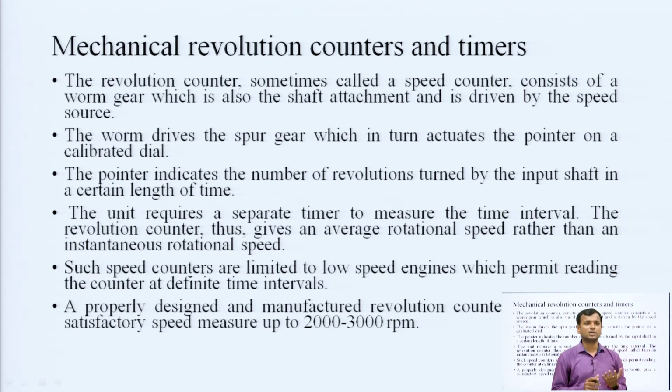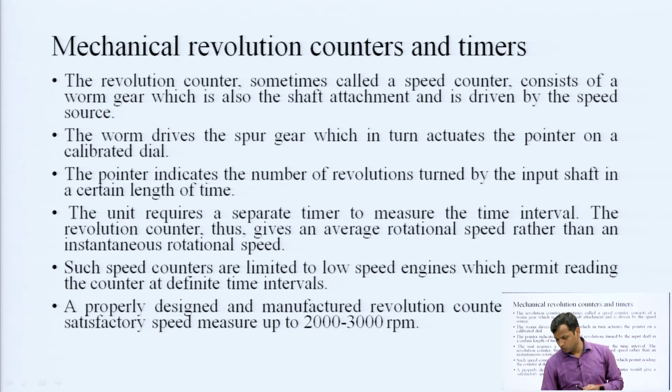Such speed counters are limited to low speed engines, which permit reading the counter at definite time intervals. A properly designed and manufactured revolution counter will give you speed measurements up to 2000 to 3000 rpm. That will be the basic speed, or rotations per minute, provided by the mechanical revolution counters and timers.